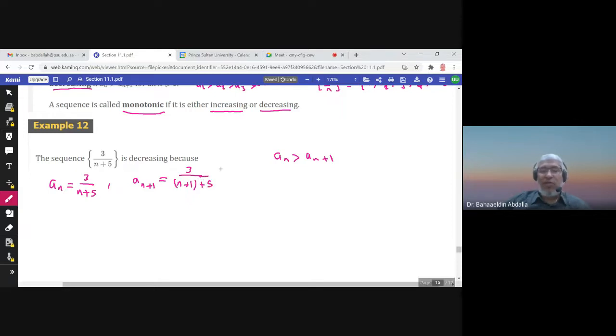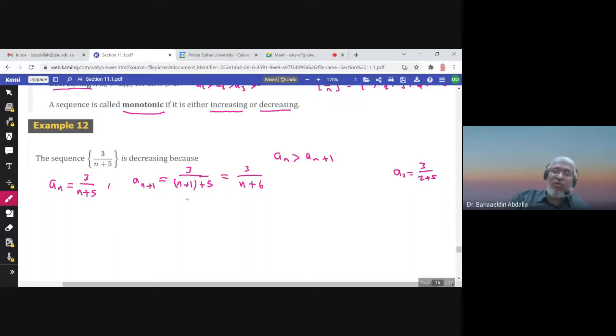If I ask you to find a2, what would you do? You will say 3 over 2 plus 5. What did you do? You replaced n by 2. So similarly, if I ask you to find an plus 1, you replace n by n plus 1. So this would be 3 over n plus 1 plus 5, that's n plus 6.